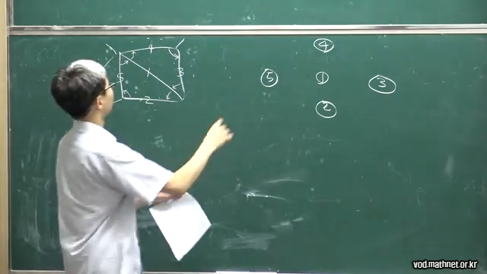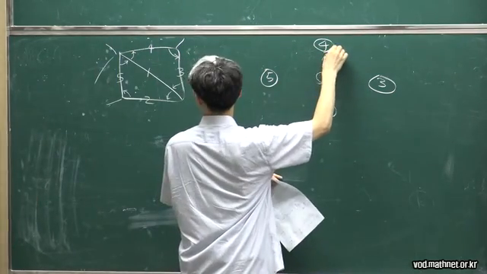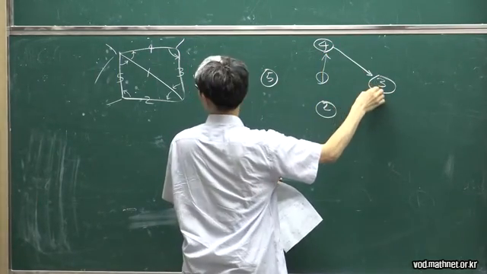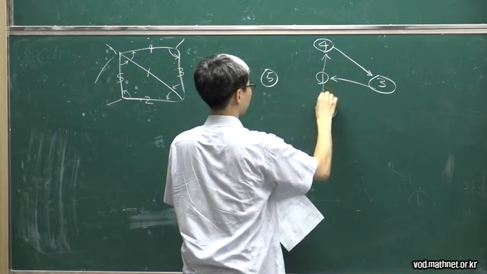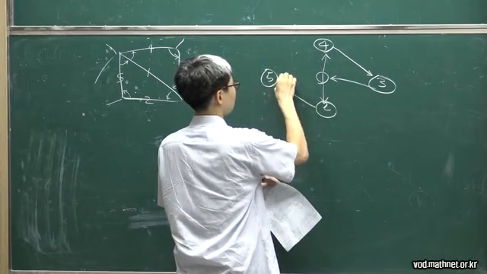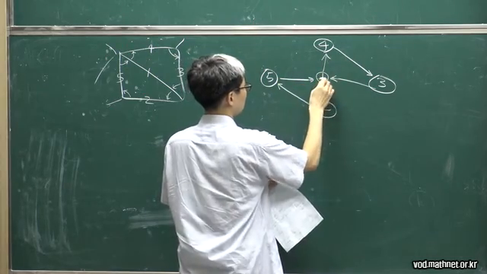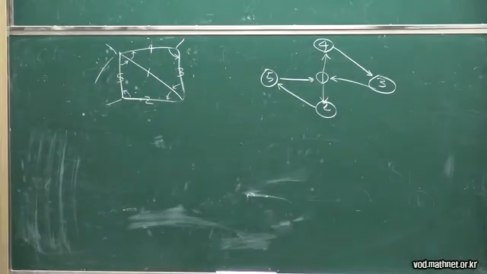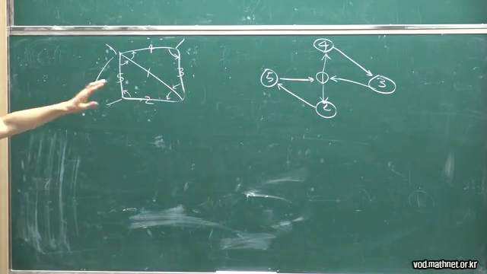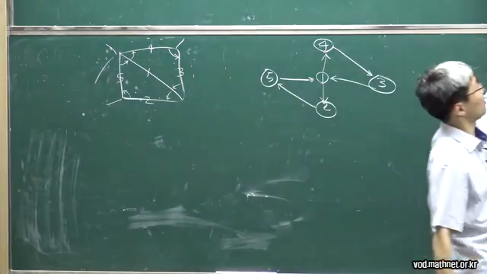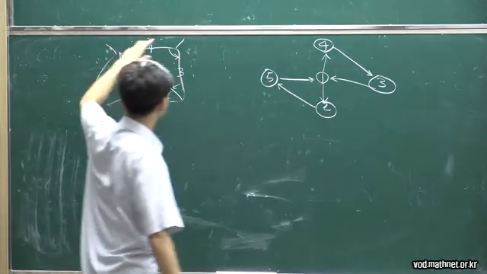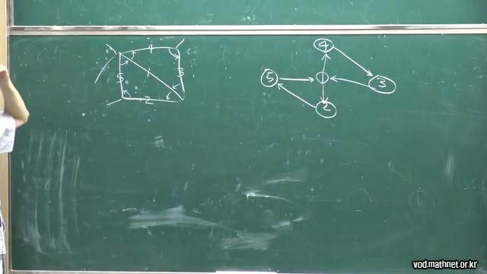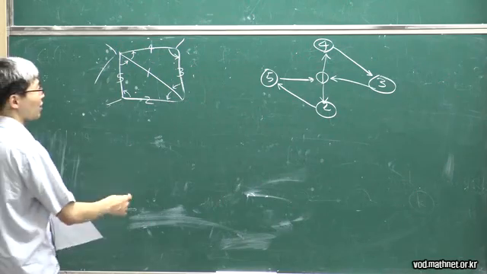So then the corresponding quiver looks like this. And although this quiver mutation looks artificial, if we consider it on this triangulation picture, it is actually very natural.